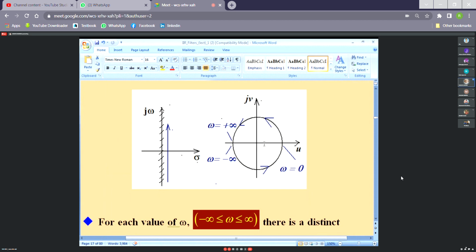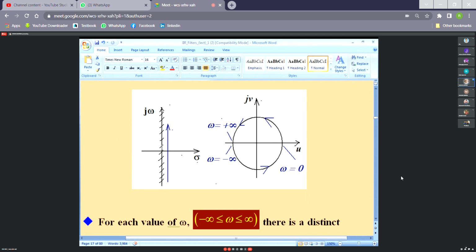So minus pi means angle is measured in this way. That is the zero position, 0 degree. So from 0 degree minus pi. So you were here. As you travel upward along the j omega axis, you will be traveling in this direction. In this way, when you reach omega equal to 0, you will be here.